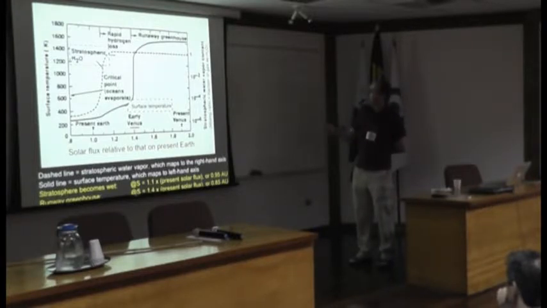So this solid line maps to this axis, surface temperature. The dashed line is water vapor abundance in the stratosphere, which is related to the runaway greenhouse effect. So this is the mixing ratio of H2O. So this is saturated when it means all of the gas is water vapor at unity.